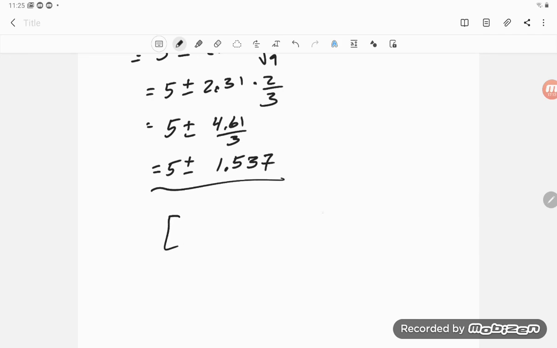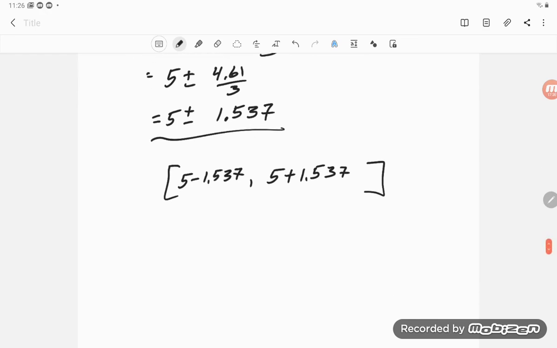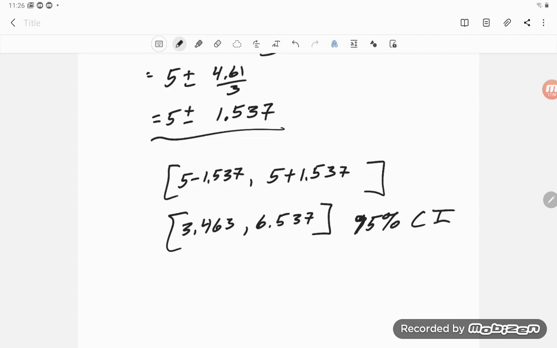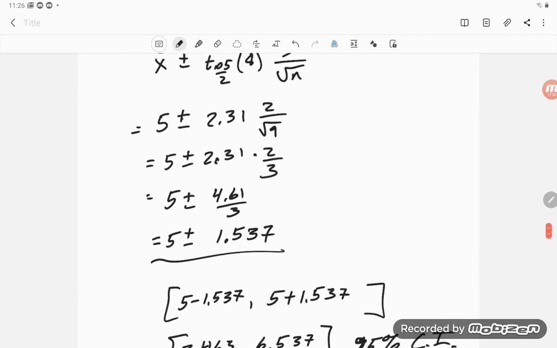Now I can write it down with the 5 minus 1.537 and 5 plus 1.537, and so I get what, 3.463 up to 6.537, and there is my 95% confidence interval.